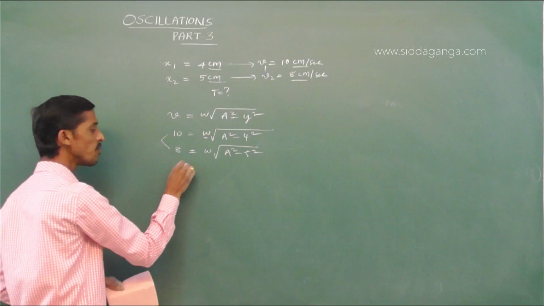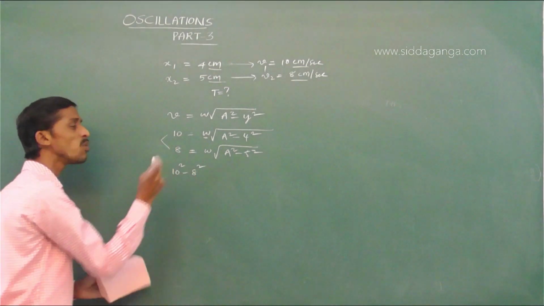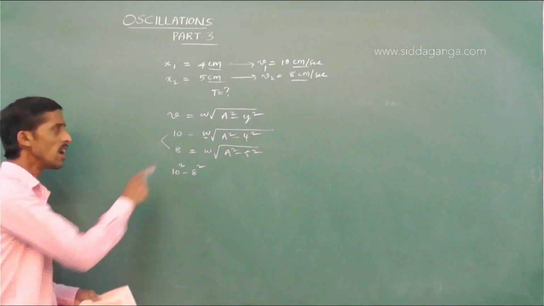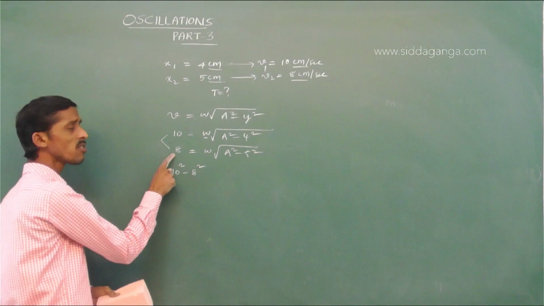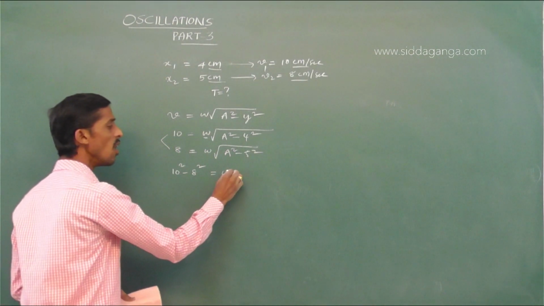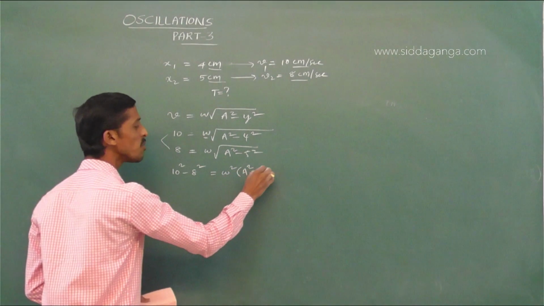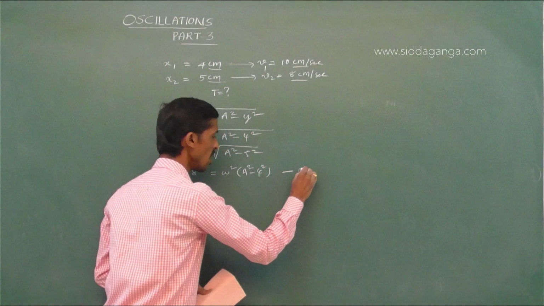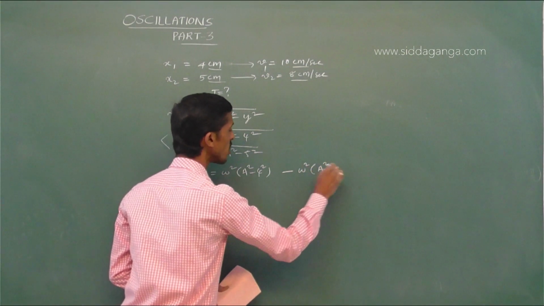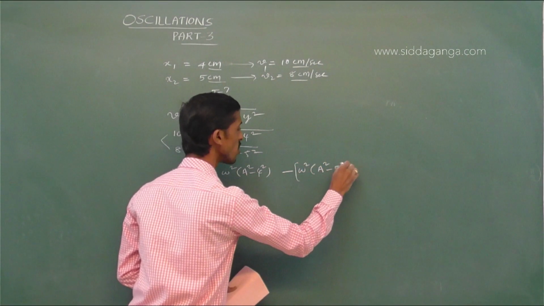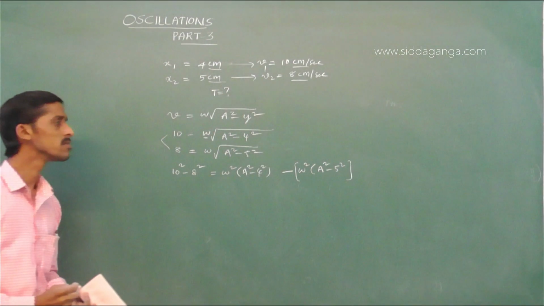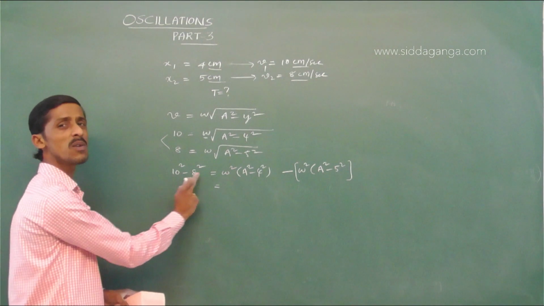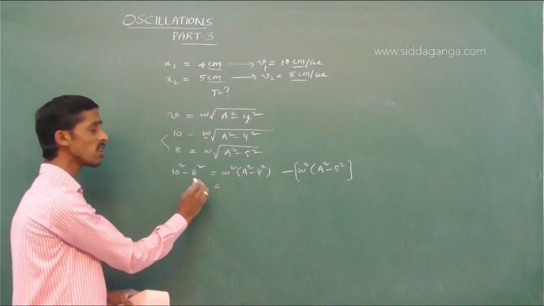Squaring on both sides and subtracting the two equations: 10 square minus 8 square is equal to omega square into (A square minus 4 square) minus omega square into (A square minus 5 square). Then 10 square minus 8 square is 100 minus 64, 36.